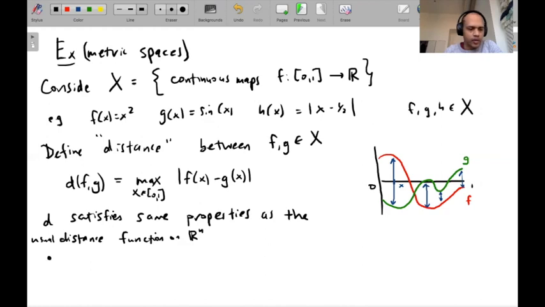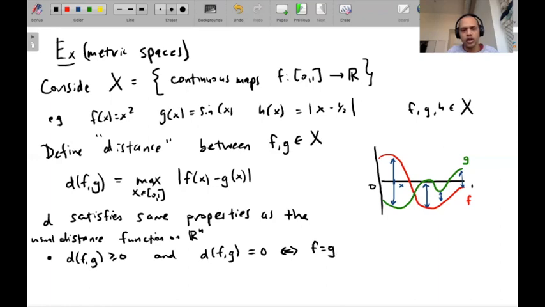Namely, first of all, d(f,g) is greater than or equal to 0, just because it's a max of values which are greater than or equal to 0. And it's equal to 0 if and only if f is equal to g.